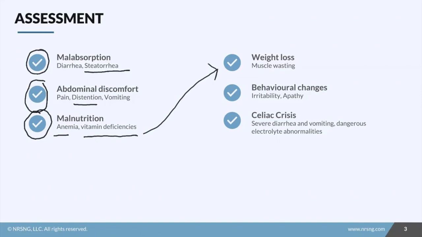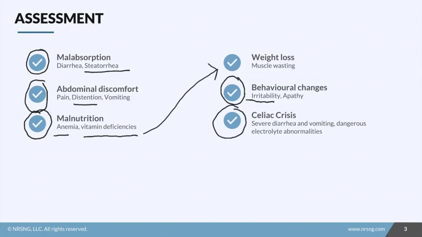Another thing we hear all the time from parents is that they have behavioral changes. When these kids eat gluten, they become really irritable, and parents say they may even be apathetic about things that should get kids excited, like going to the park and playing. The very last thing to be aware of when assessing a child with celiac disease is something very important called celiac crisis.